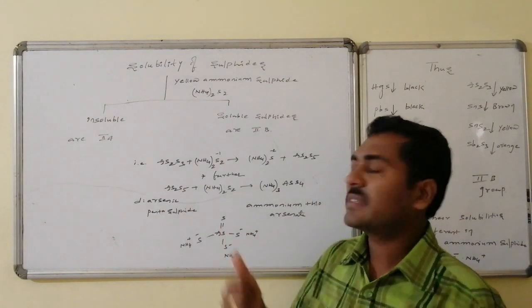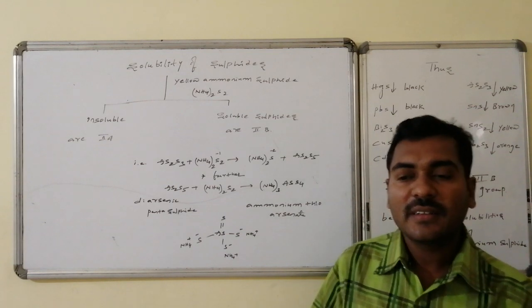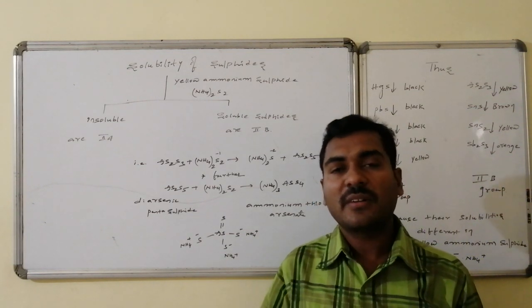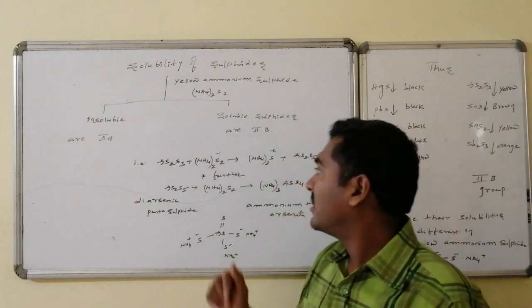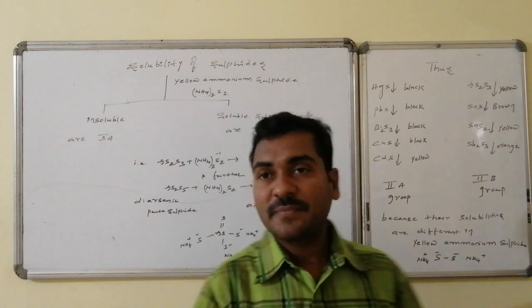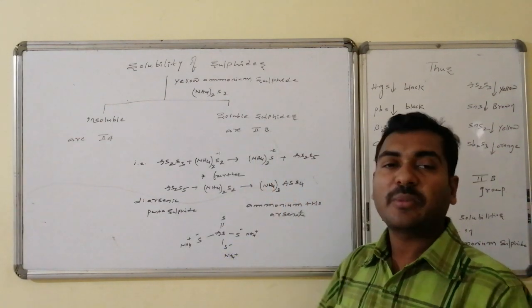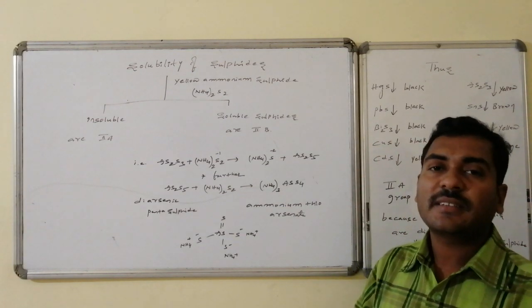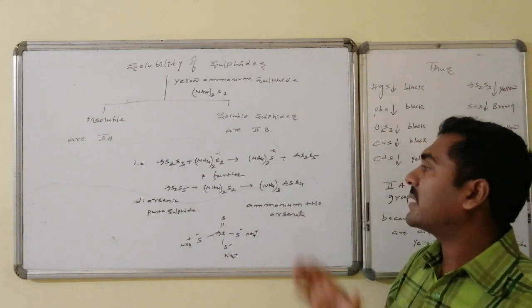Let us go for the first one, that is diarsenic trisulfide. This is soluble in ammonium sulfide because at the first stage of reaction with the yellow ammonium sulfide, sulfur in the yellow ammonium sulfide is in the -1 oxidation state, and it undergoes reduction to the -2 oxidation state. As a counterpart, diarsenic trisulfide is converted to diarsenic pentasulfide.